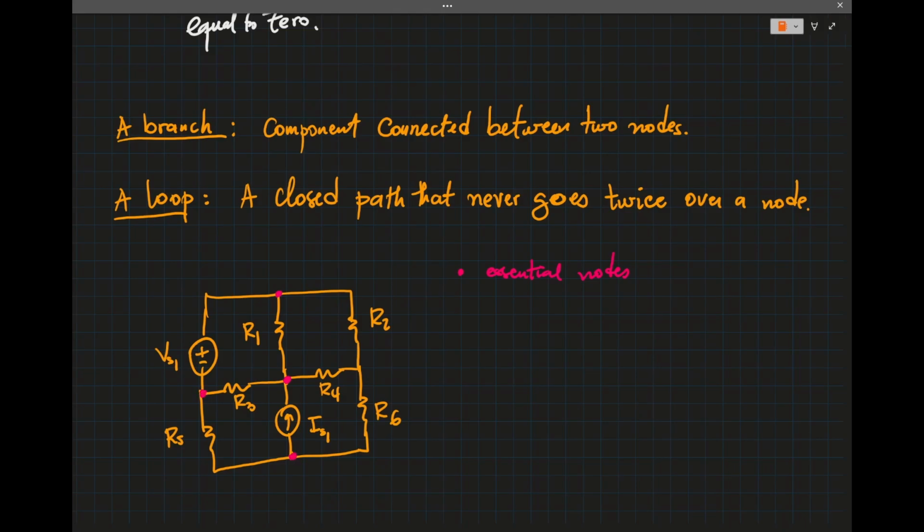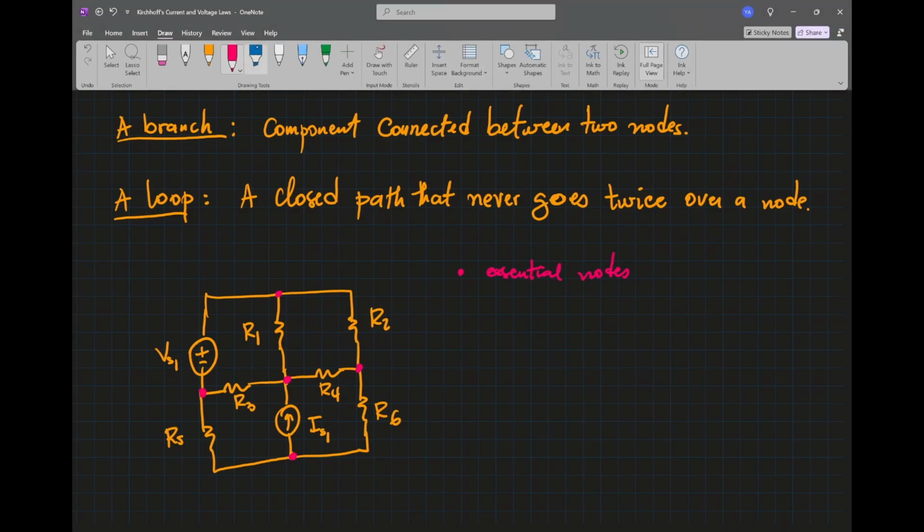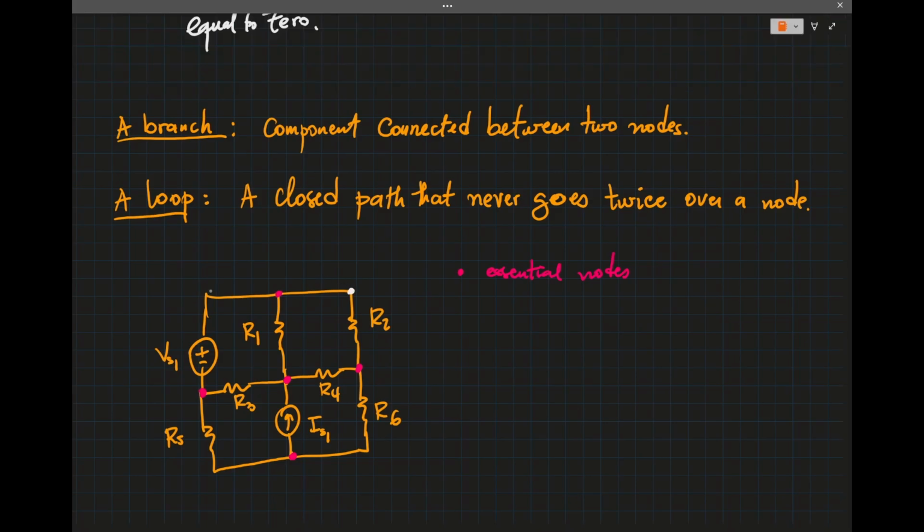This is an essential node. This is an essential node. Now for simple nodes, this is a simple node, this is a simple node, this is a simple node, and it's a simple node.